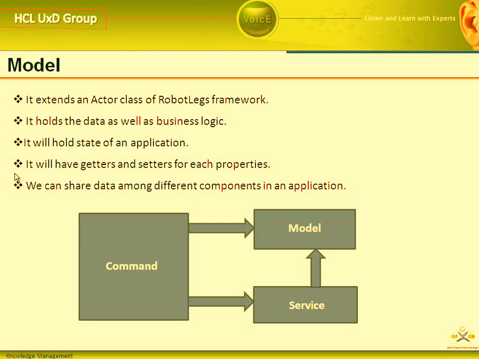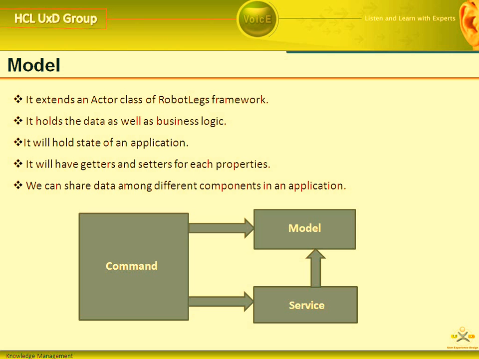If you come to the model, a model has to extend the actor class of the RobotLegs framework. The main importance of a model in RobotLegs is to hold data as well as business logic. Sometimes a model is even used to hold the state of an application.